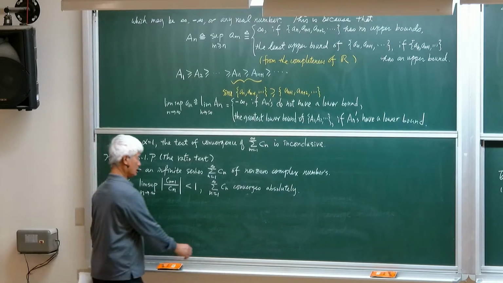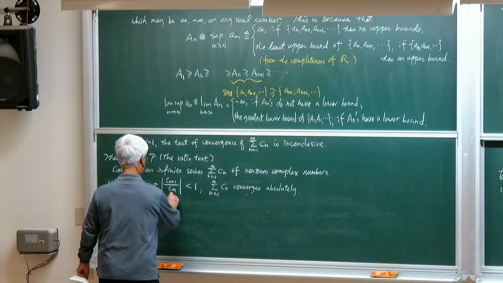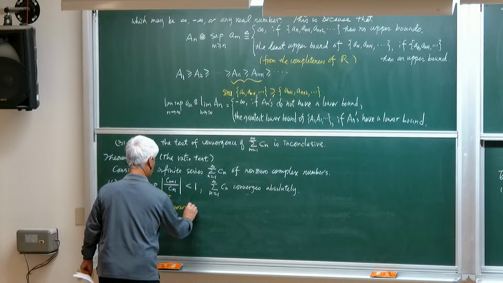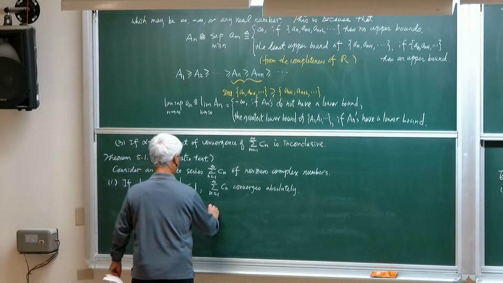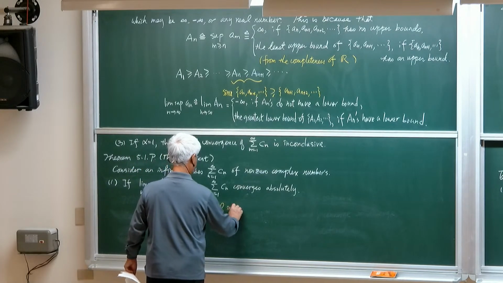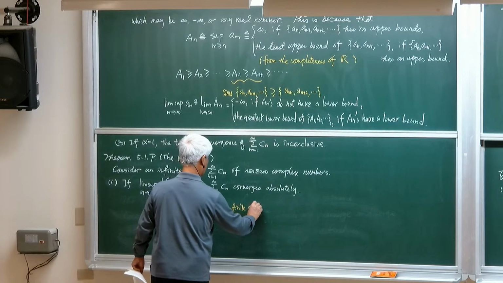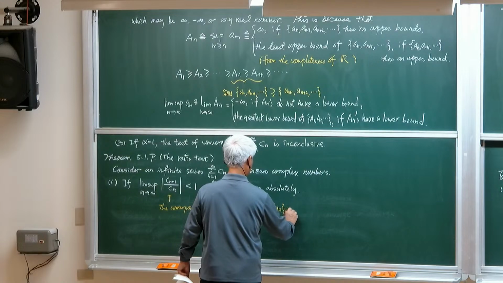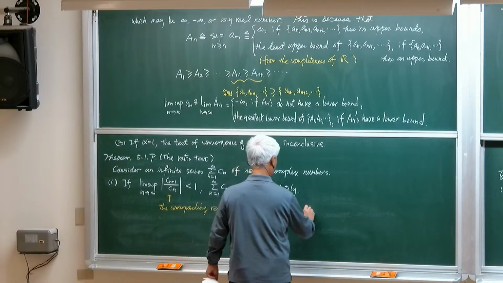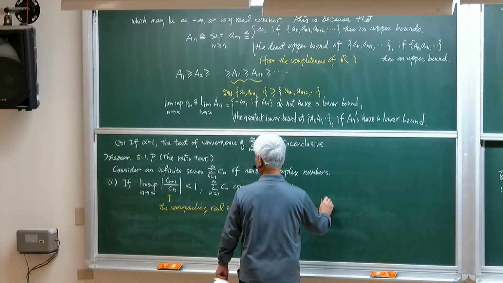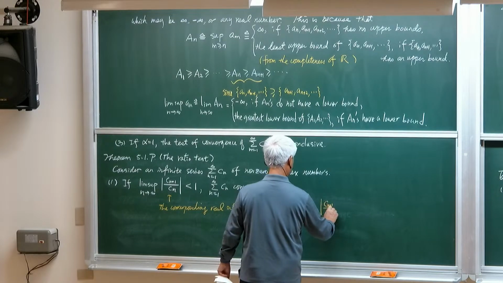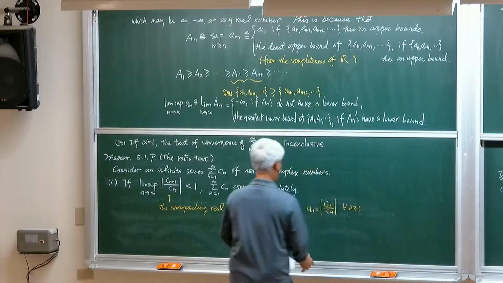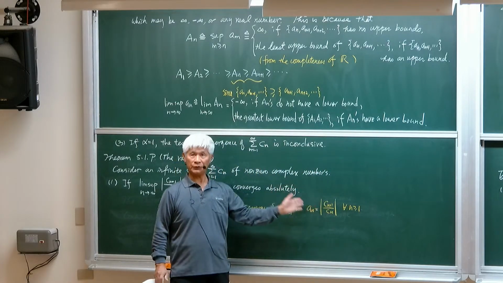So the corresponding real infinite sequence an is equal to the absolute value of Cn plus 1 divided by the absolute value of Cn, for all n. So an now is the ratio.